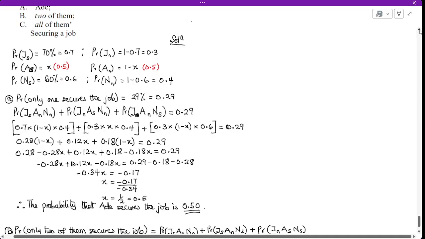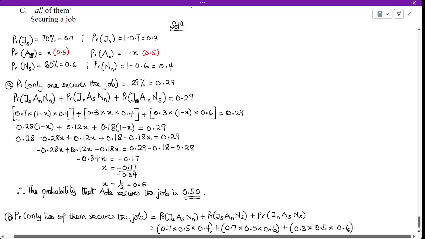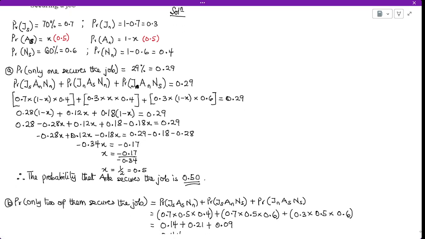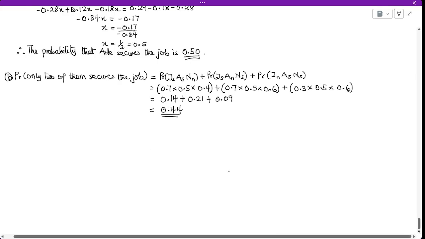Okay, now the last question, C, says all of them secure the job. So let's see the probability C that all secures the job. The probability that all of them will secure the job.